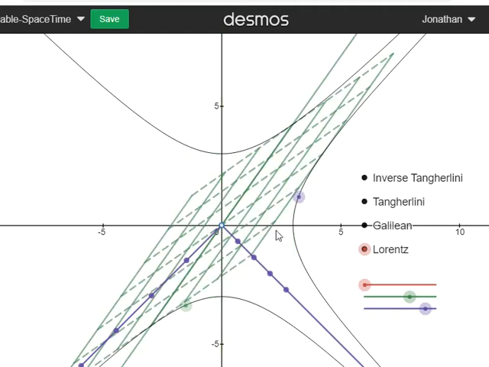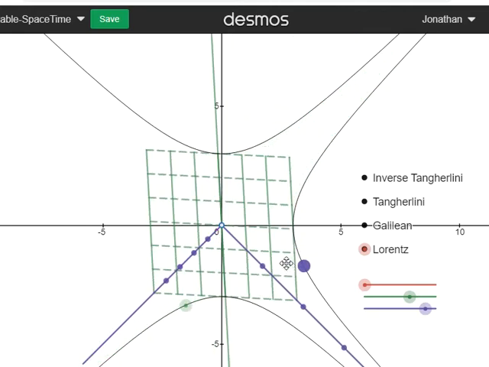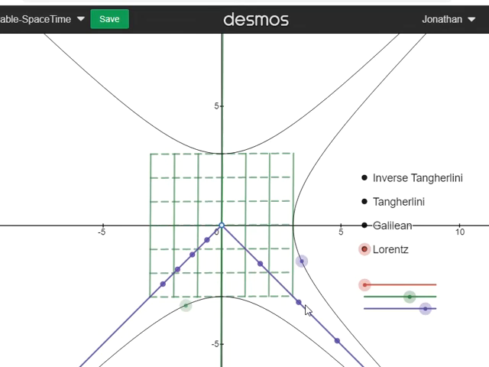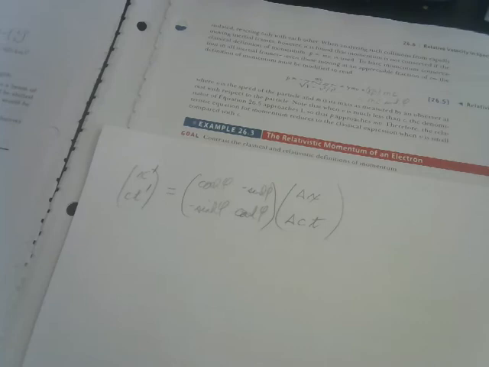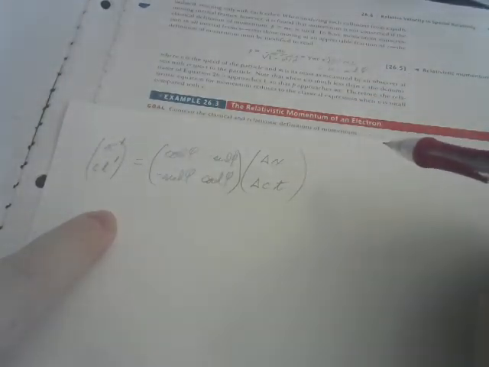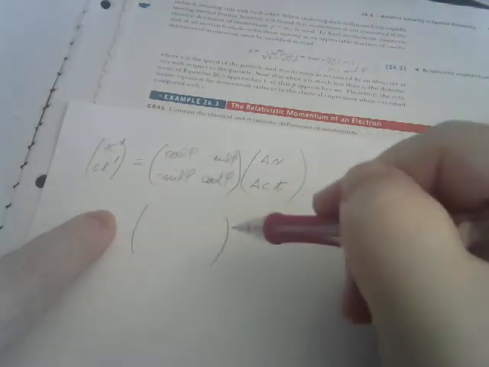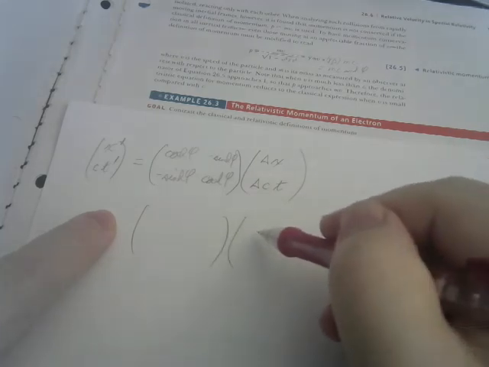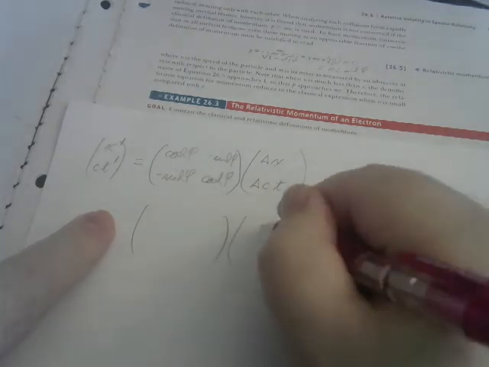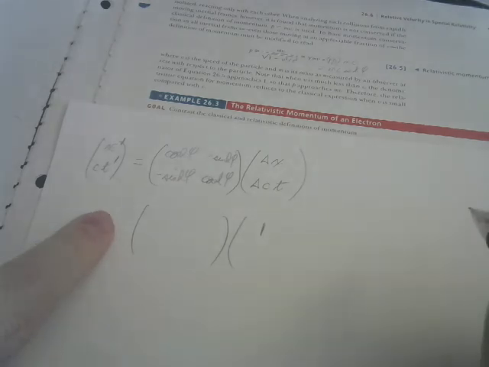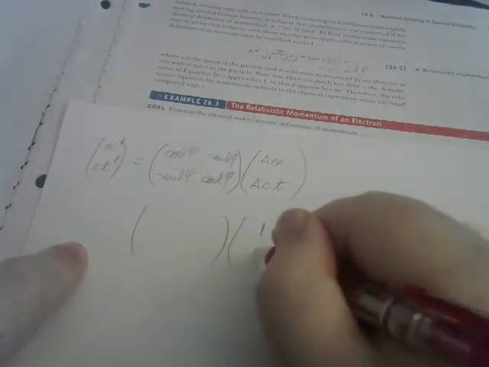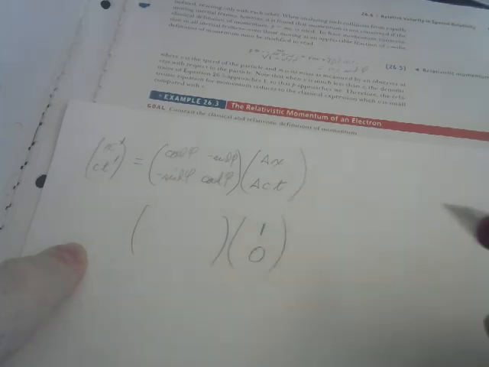We're looking at things in our reference frame, and we want to know what it looks like in their reference frame. So going from our reference frame to their reference frame is a forward transformation, and so I'm going to use negative signs here: negative sinh phi, negative sinh phi. Going from our reference frame, the length of the object is delta x, and the time between those two events is 0.